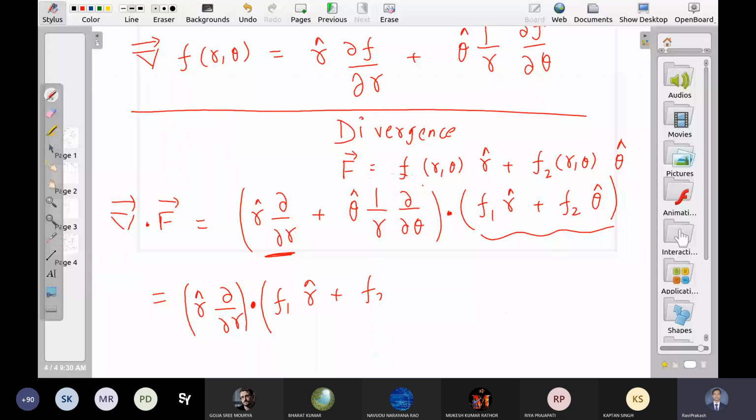Plus now the second part, this one on this whole thing again: theta cap 1 by r del by del theta, operated on again the same f1 r cap plus f2 theta cap.